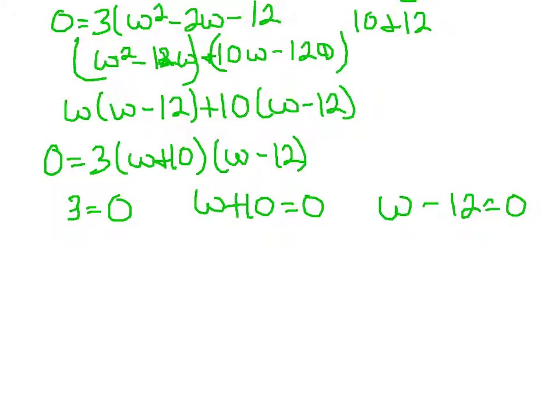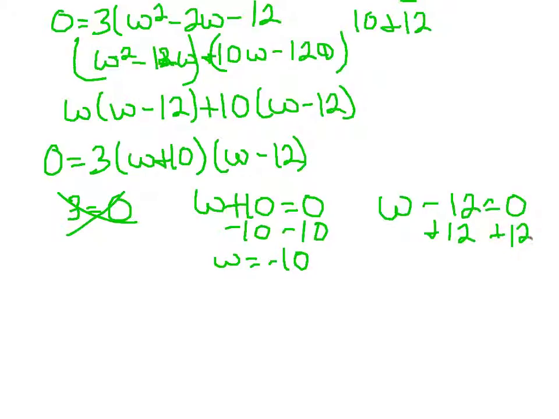Now since 3 cannot equal 0, we can just cross that off, and then we can solve for the next two equations. So we can minus 10 from both sides, so it'll be W equals negative 10, and then for the last equation we can add 12 to both sides. So then we get W equals 12.